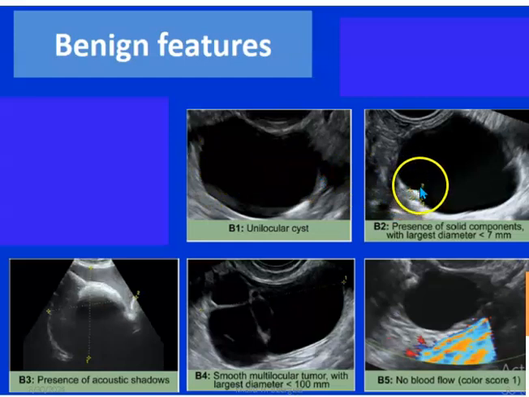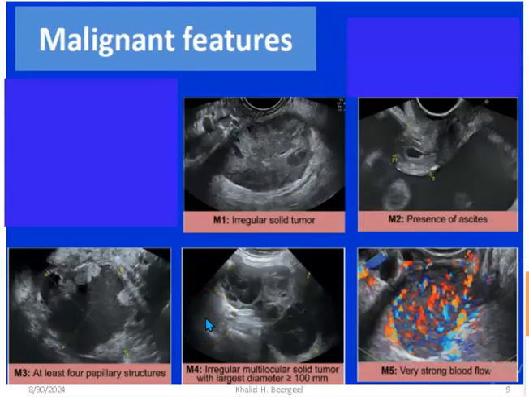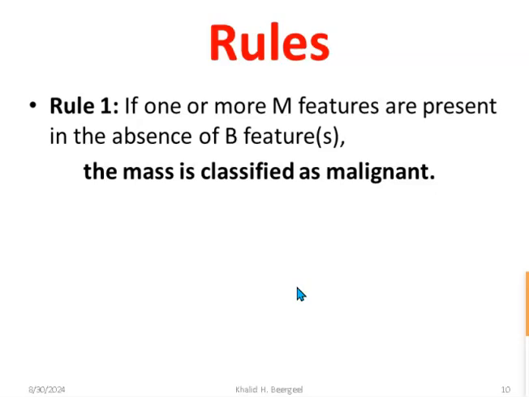If there is a solid component, it should be very small, less than 7 millimeters. There should be no blood flow or minimal blood flow. While in malignancy, you will find irregular tumor, high blood flow, excrescences.